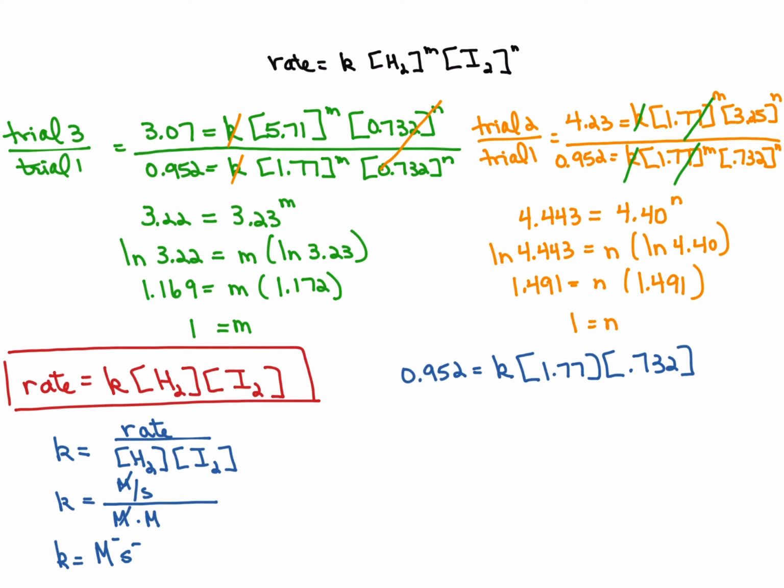Again, you can use any trial you want to use. I've used trial 1 just because it's on top there. I'm going to go ahead and solve for K. K equals, to two significant figures, 0.73, and my units are 1 over molarity times 1 over seconds.